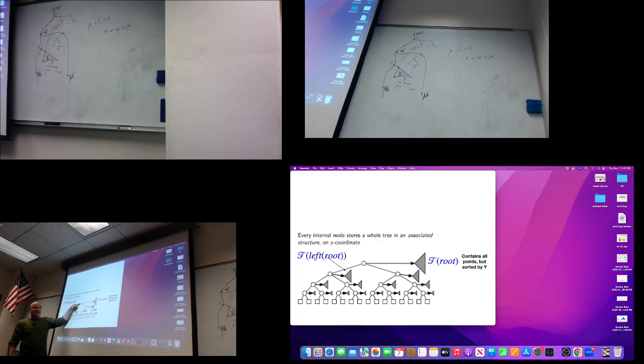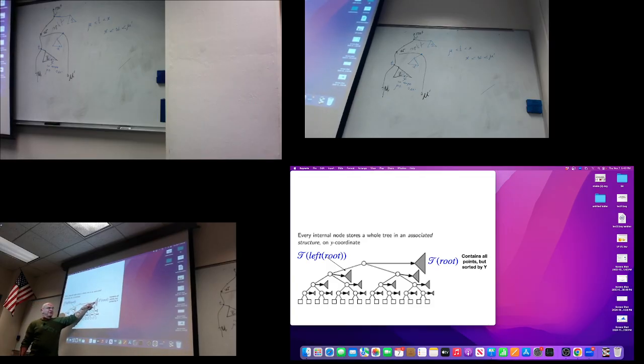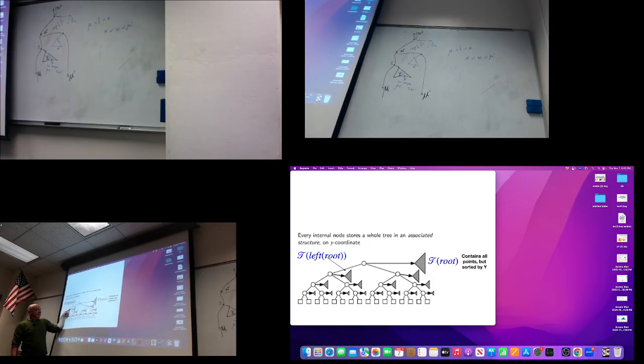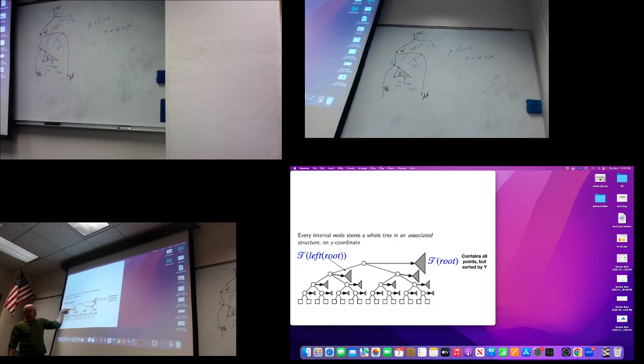From the root of T, I have a pointer to yet another tree that contains all the points in my data set, sorted by Y. From the left subtree of the root of T, I have the left child, and a pointer to what? A subtree containing all the points over here, but sorted by Y.